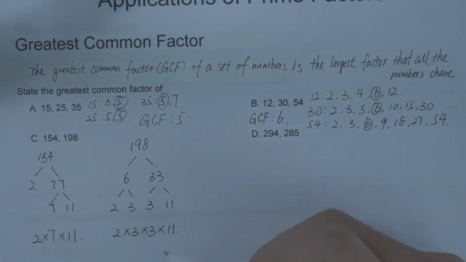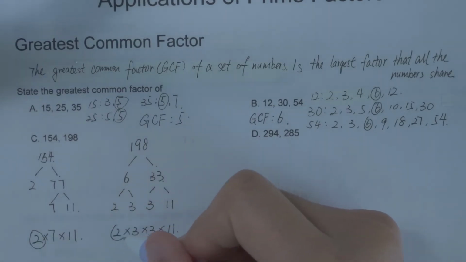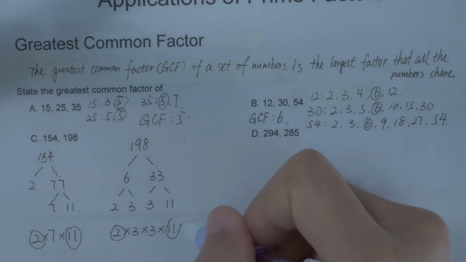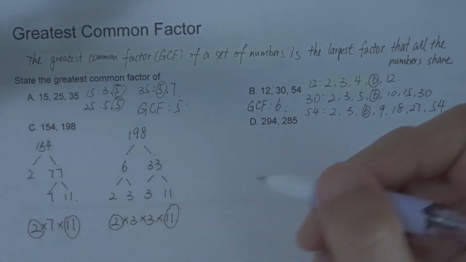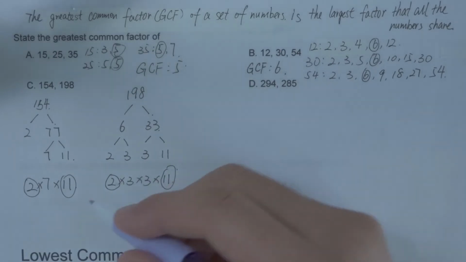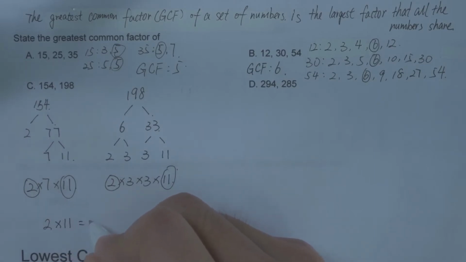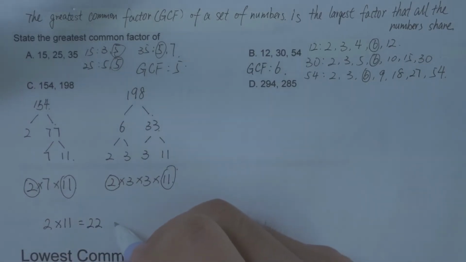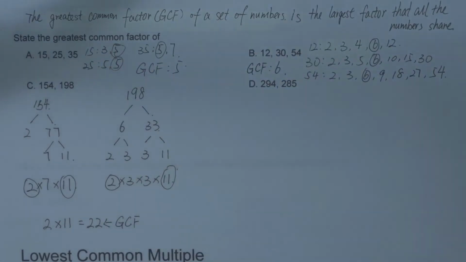Now we can find both of them have 2 and 11. The greatest common factor is the product of the numbers in common. The common numbers are 2 and 11, so this is the product. So 22 is the greatest common factor for these two numbers.